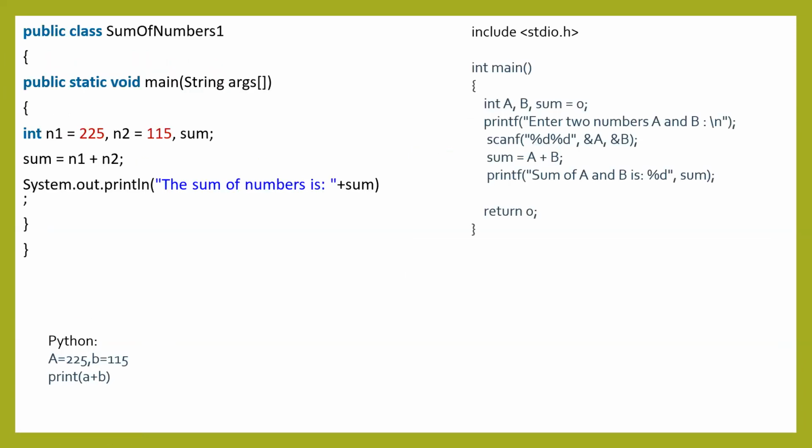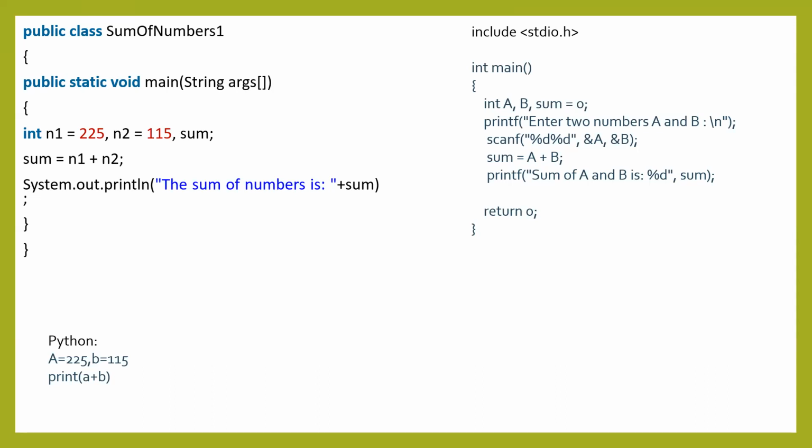So as I said, if I want to add two numbers, or sum of two numbers, just observe the left top code, the Java code. You need to write the entire code, almost 9 to 10 lines to print the sum of two numbers.